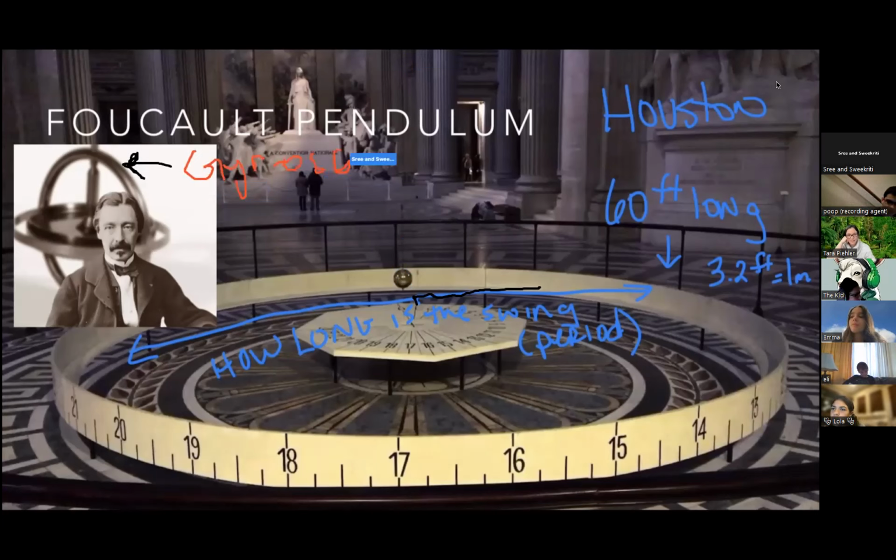Can somebody tell me? I think it's like 8 seconds. Now it's in feet. How many feet are in a meter? About 3.2, I think.